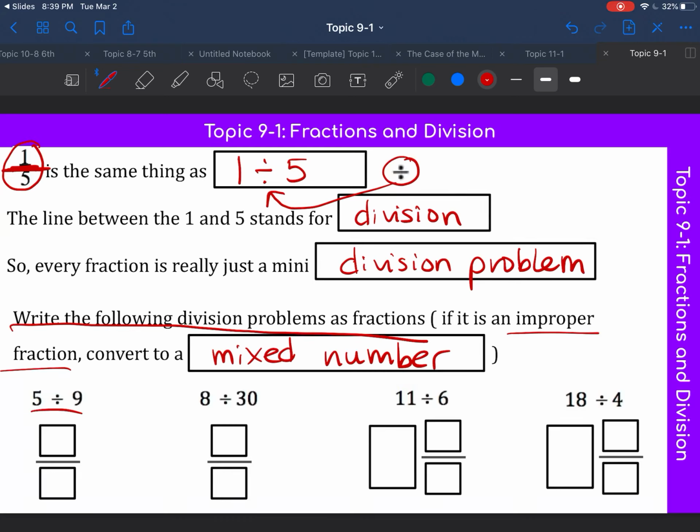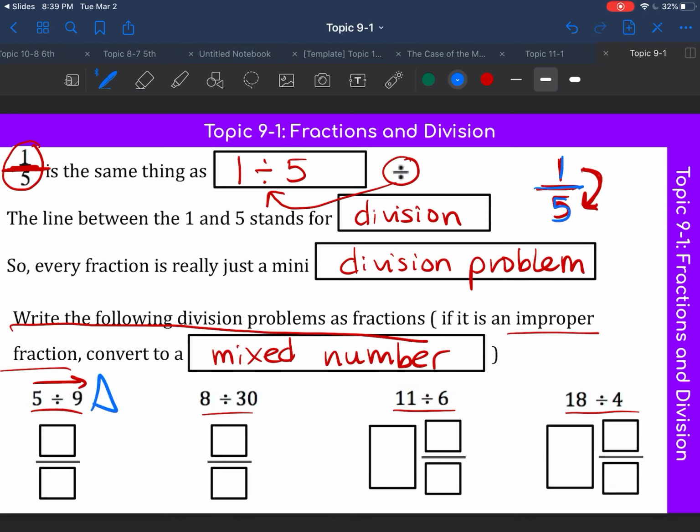So what we have here are 4 division problems. And just like we are going to read the division problem from left to right, okay? And just like we were to read a fraction, we would read the fraction from top to bottom, okay? So we would read this fraction up here as 1/5 or 1 divided by 5.